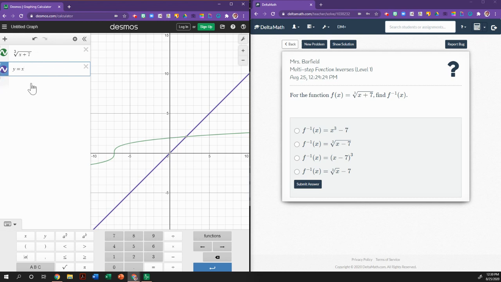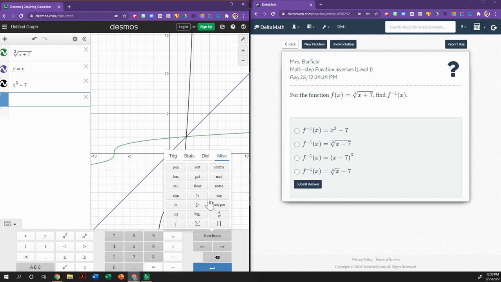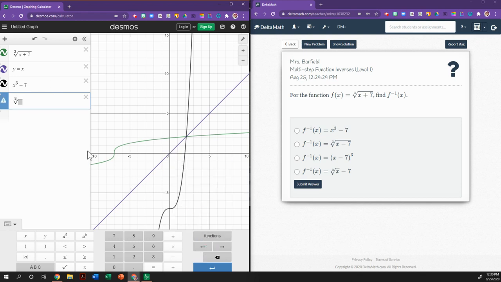Now I'm going to type in my answer choices. Now I want you to humor me. I'm going to type them all in because of how interactive Desmos is. So x to the third minus 7. And then the cube root. So 3, and underneath it is x minus 7.